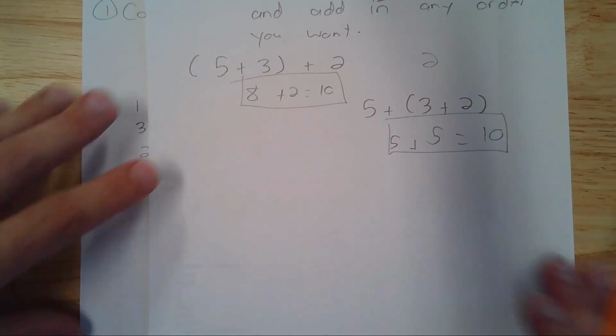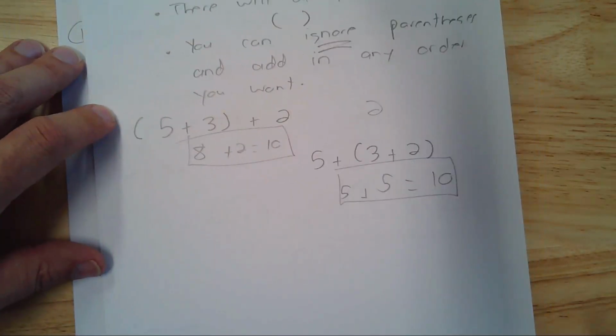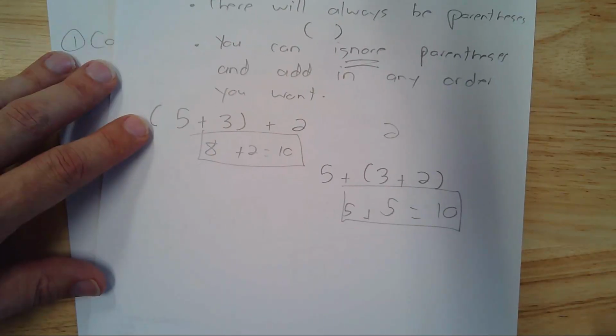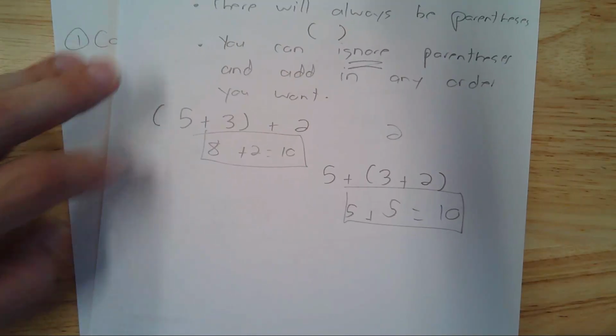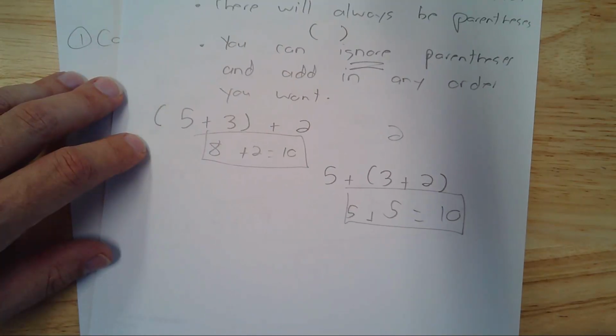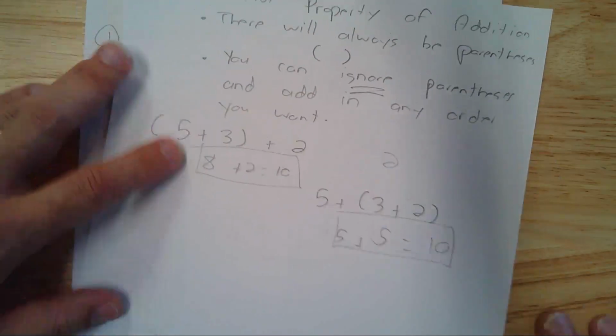Okay? What if everything's subtracting? There are no official rules of subtraction because we can rewrite every subtraction problem as an addition problem. We add the opposite of it. We'll cover that a little bit later this year, towards the end of the year. We're going to rewrite our subtractions as additions.